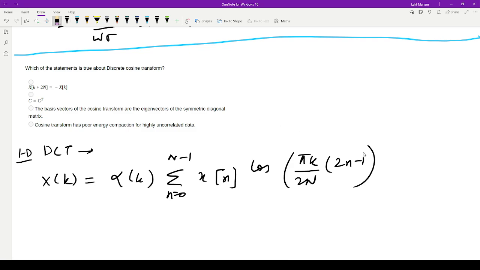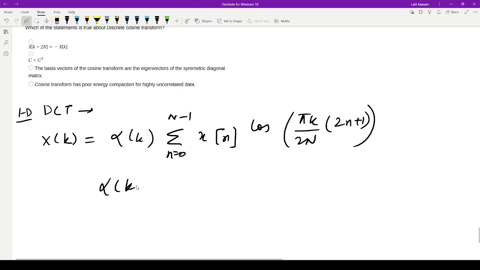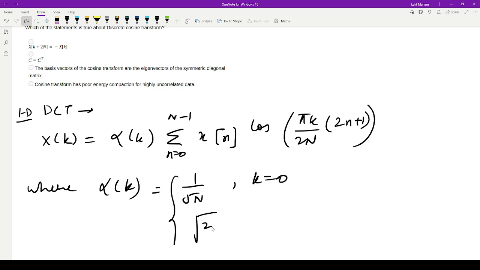Is it fine? Anything wrong in this? It's 2n plus 1, right? 2n plus 1, yeah. Sorry. Okay. So where alpha k is 1 by root N for k equals 0, or else it is square root of 2 by N for k equals 1 to N minus 1.